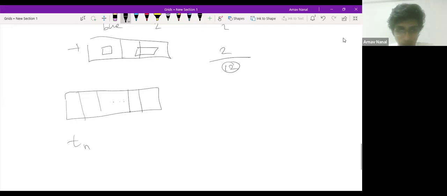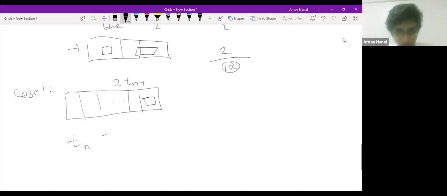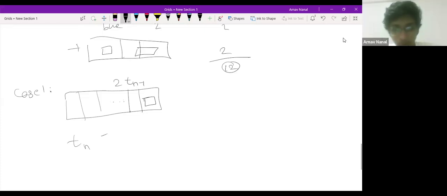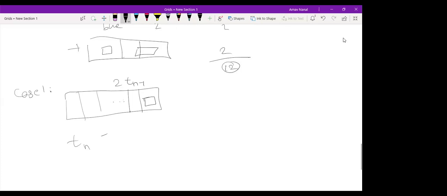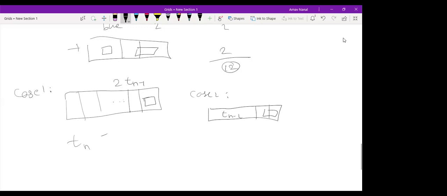So T of n would firstly be 2 times T of n minus 1, because we arrange the rest of the n minus 1 in T of n minus 1 ways, and the last one in 2 ways with either a red or green tile. Yes. And now when we have the blue block, it's just T of n minus 2. Right.